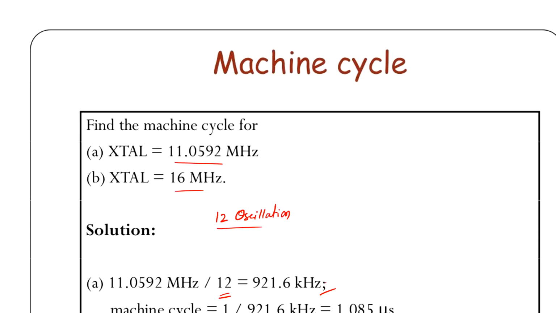That is the total machine cycle. Converting that to T, that is 1 by F, equals 1.085 microsecond for the crystal frequency 11.0592. Similarly, if you have 16 megahertz, we have the 12 oscillations divided by 16 megahertz, that many microseconds of machine cycle will be taken to execute one instruction.